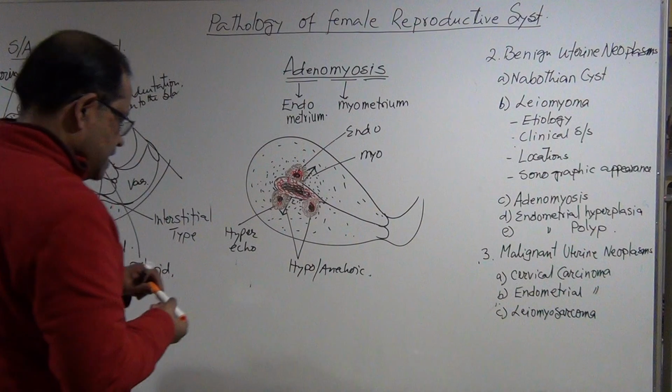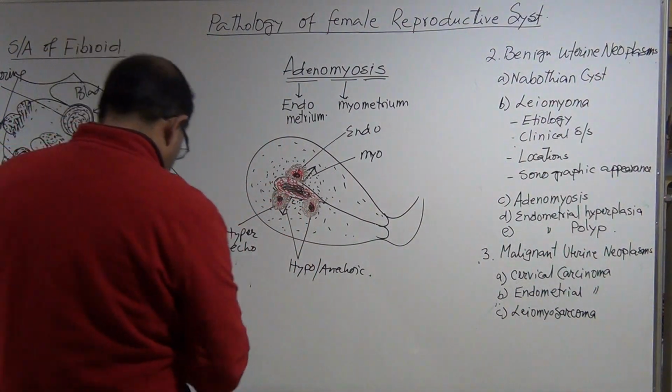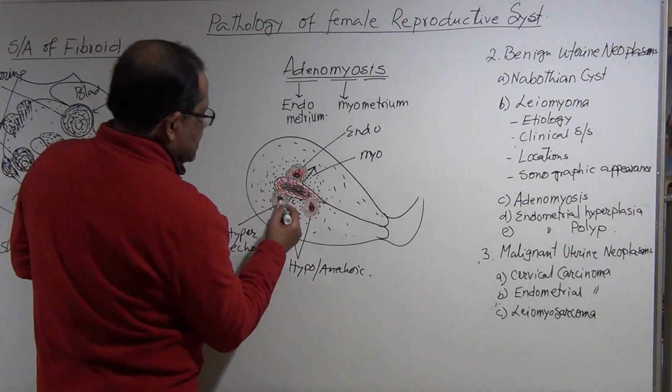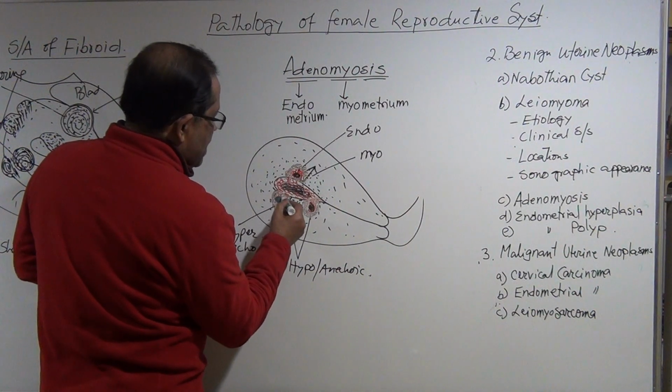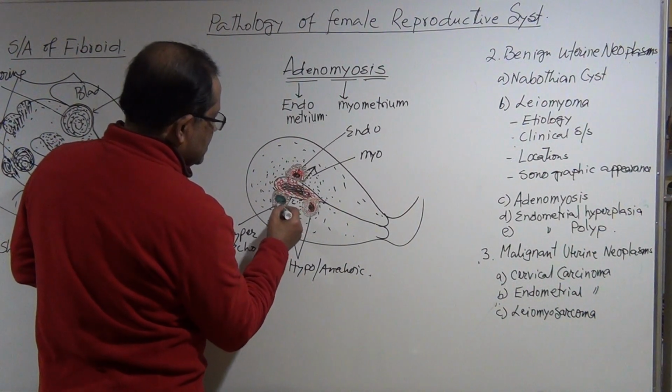Okay, and inside the endometrium, what you are going to see, there is a bleeding every month and it collects here.